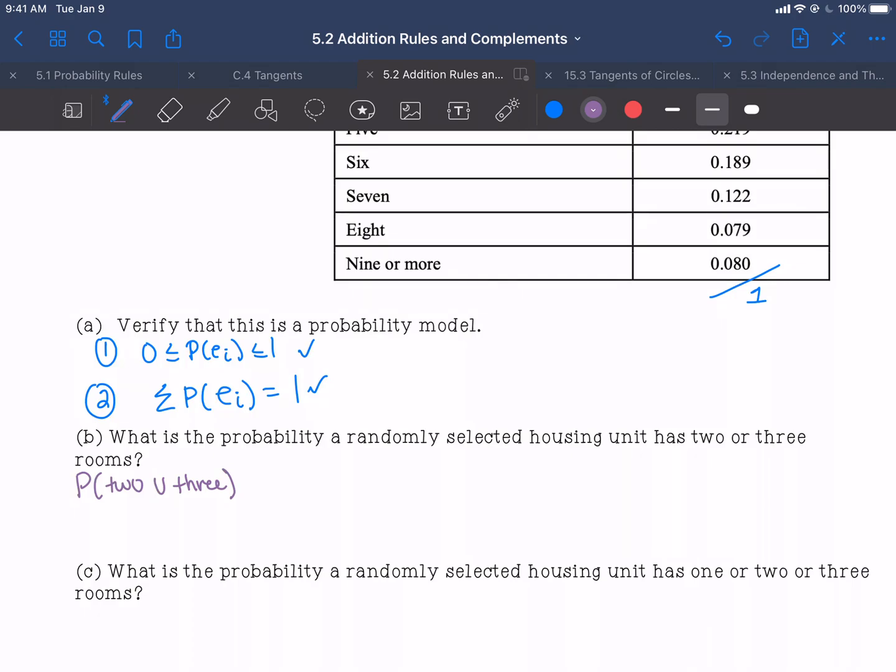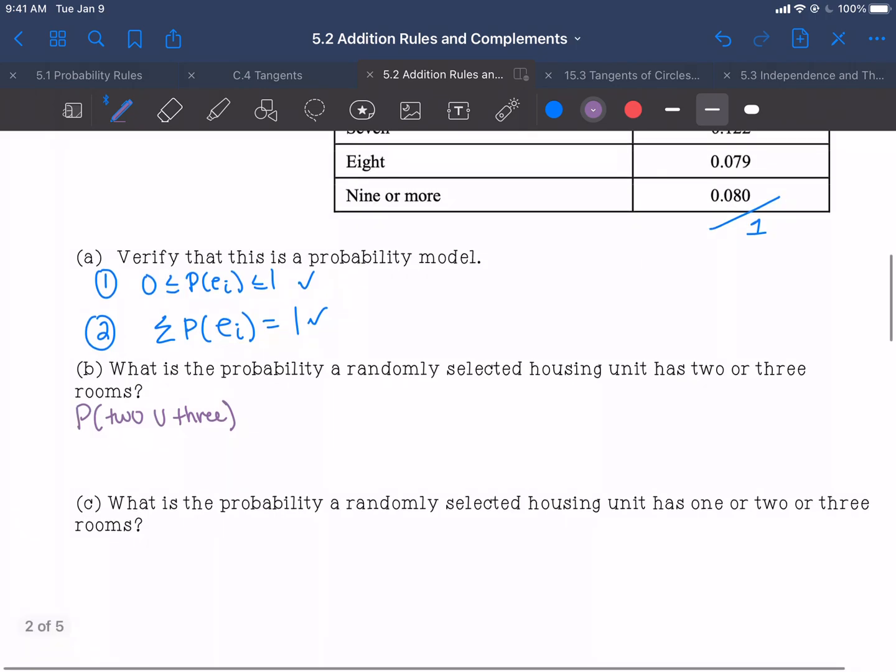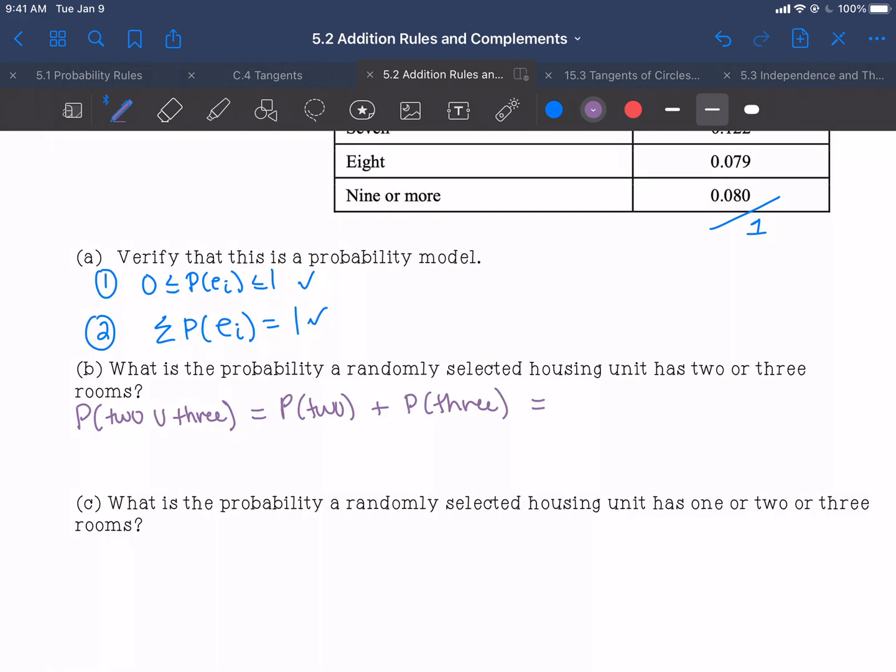Yes, a 3-bedroom house can have 2 bedrooms in it, but we don't classify it as a 2-bedroom house. We classify it as a 3-bedroom house because it has 3 bedrooms total. So to find that probability, since they are mutually exclusive, we take the probability of 2 rooms plus the probability of 3 rooms. And so that would be 0.032 plus 0.093. That would be 0.125.